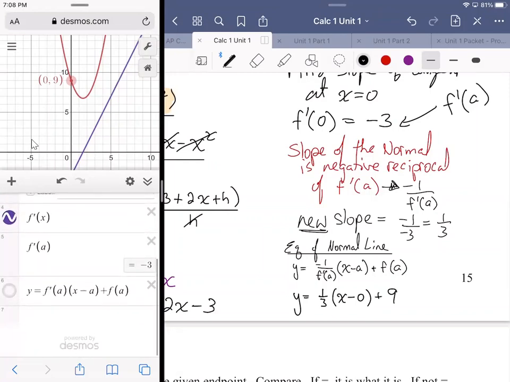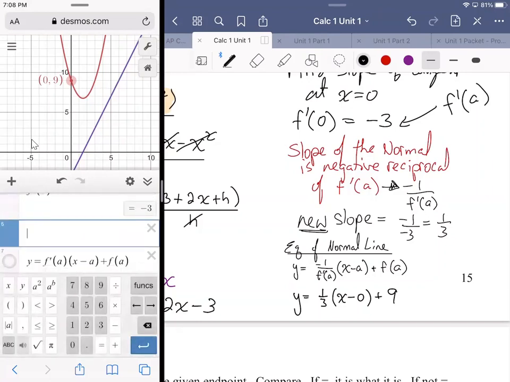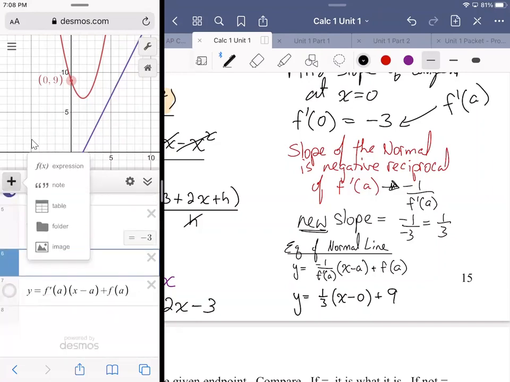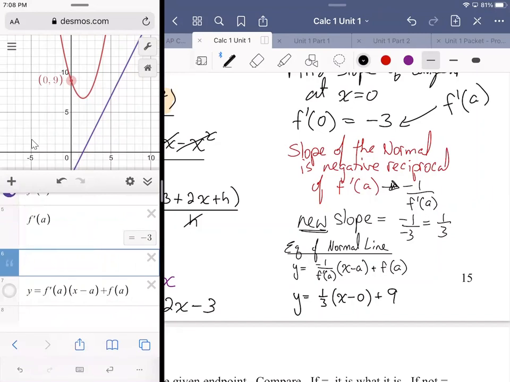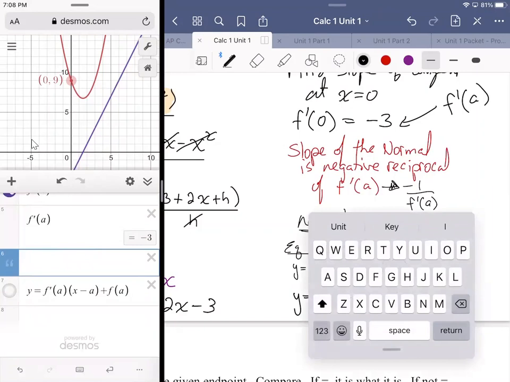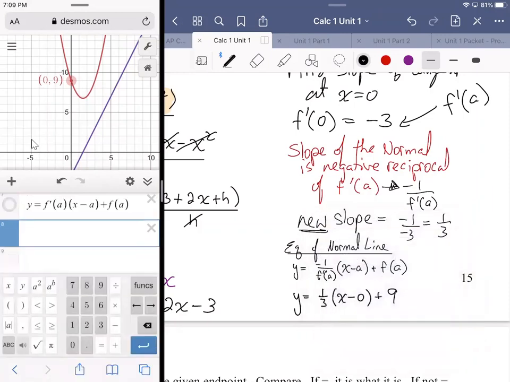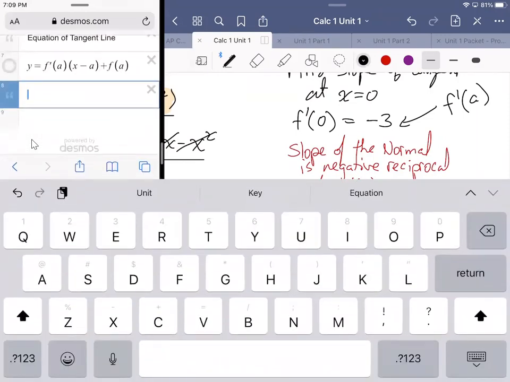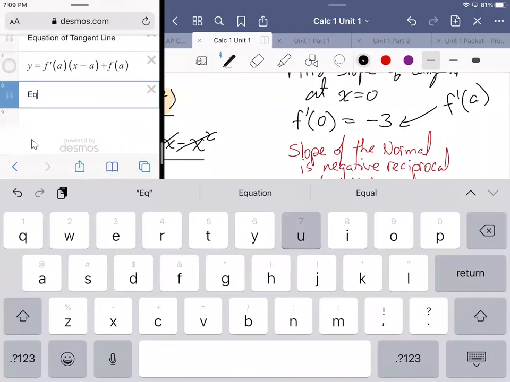I could even amend this to say, here's the equation of the tangent line. And then here I would say that this is the equation of the normal line.